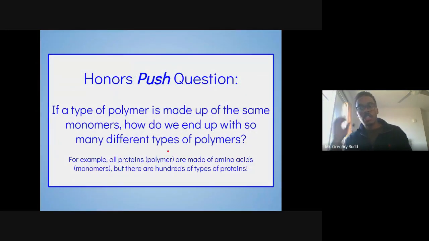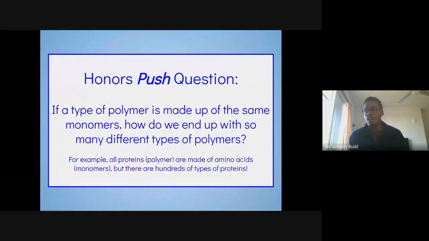All right, so here's a question for you all, my honors class, and I know you all are equipped to answer it. The question is, if a type of polymer is made up of the same monomers, how do we end up with so many different types of polymers? For example, all proteins, which is a polymer, are made up of amino acids, which is a monomer.